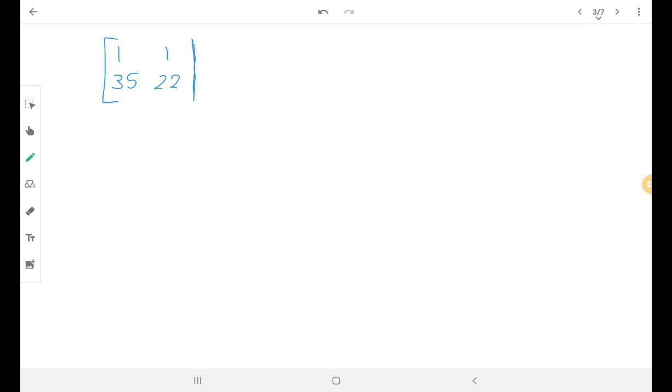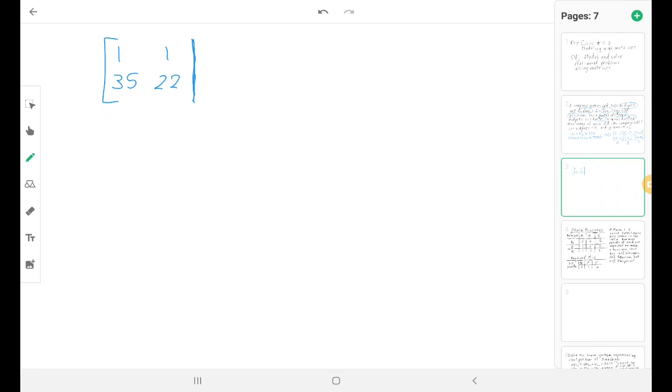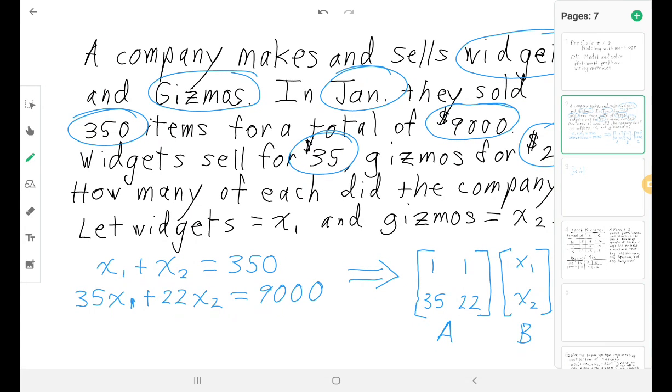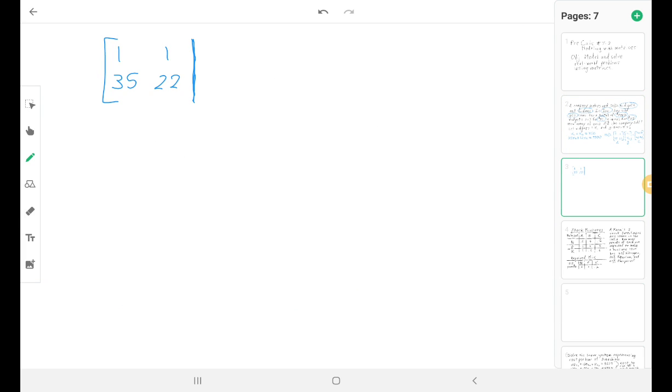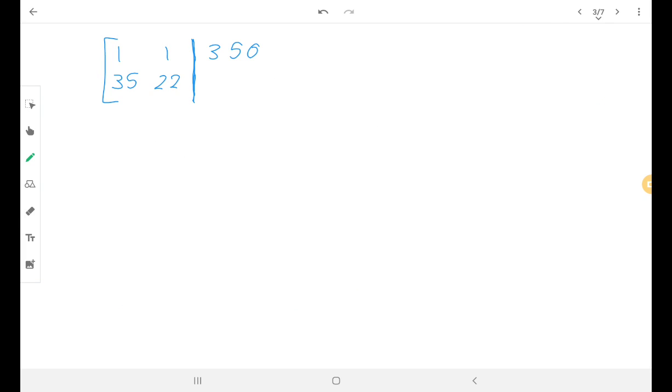And then you put that little bar there, and then you put the answers, which are 350 and 9,000. And this is the modified matrix. And this comes from doing row operations. We're not going to worry about row operations, but I did want to show you that because it asks for that over and over in this section.